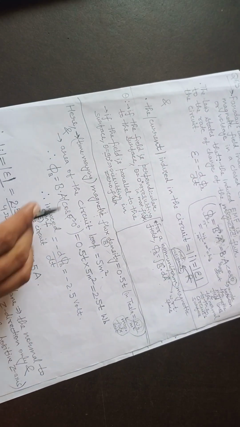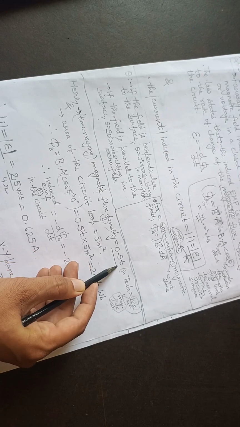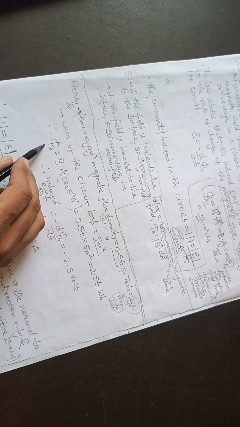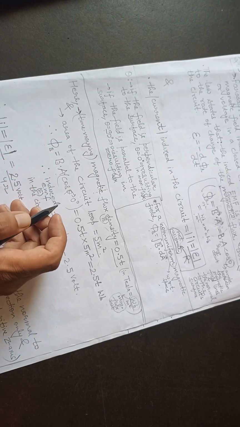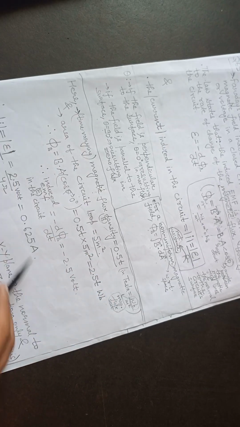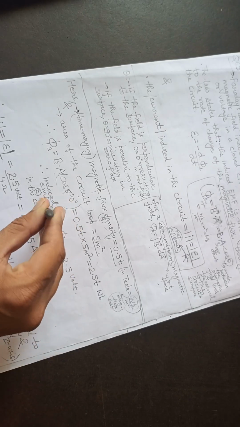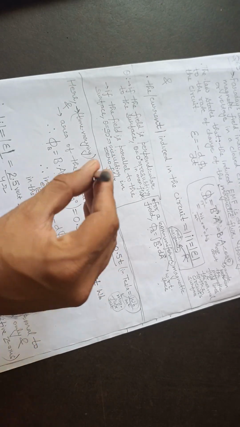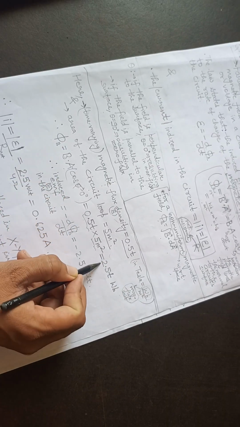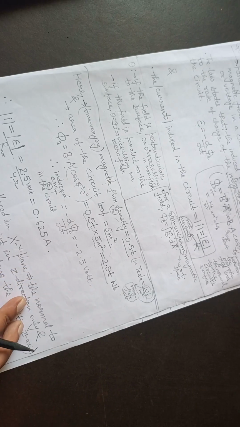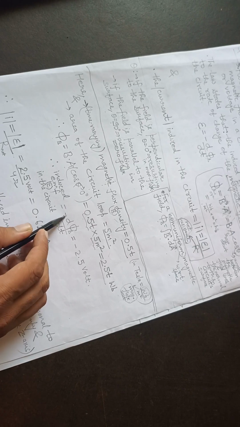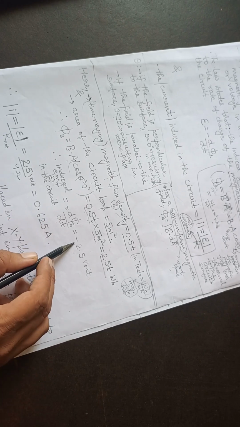Here the time varying magnetic flux density is 0.5t Tesla, and the area of the circuit is 5 meter square. So phi B, which is BA cos theta, and theta is 0 because the loop is placed in the xy plane, so the magnetic field passes in the z direction and the normal is also the z direction. So phi B is 0.5t times 5, which is 2.5t. The induced EMF is minus d phi B by dt, where the minus is due to Lenz's law, so it is minus 2.5 volt.